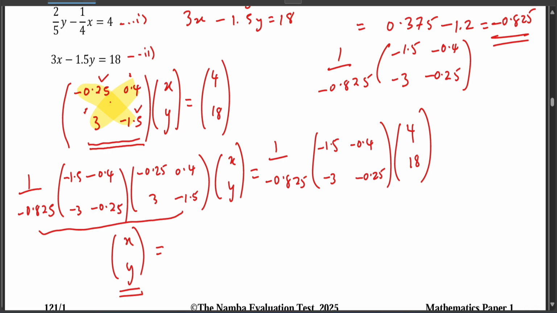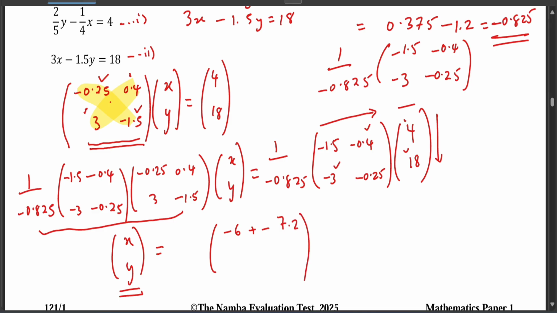So now let's take this matrix and multiply, row by column. It is equal to negative 1.5 times 4, which is negative 6, plus negative 0.4 times 18, which is negative 7.2.